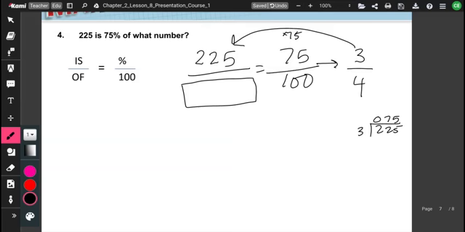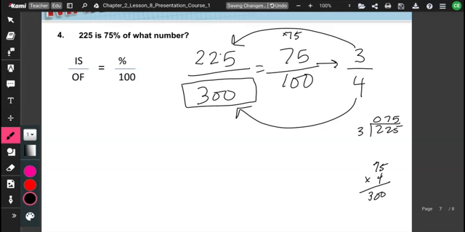So 3 times 75 would be 225. So again, multiply that, 75 times 4, which will give us 300. So the answer we're looking for is 300.